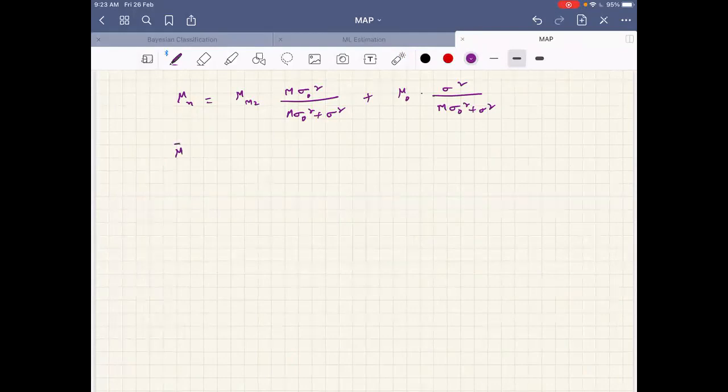Mu bar n is equal to, so that derivation also looks interesting, but I am skipping it as I said.